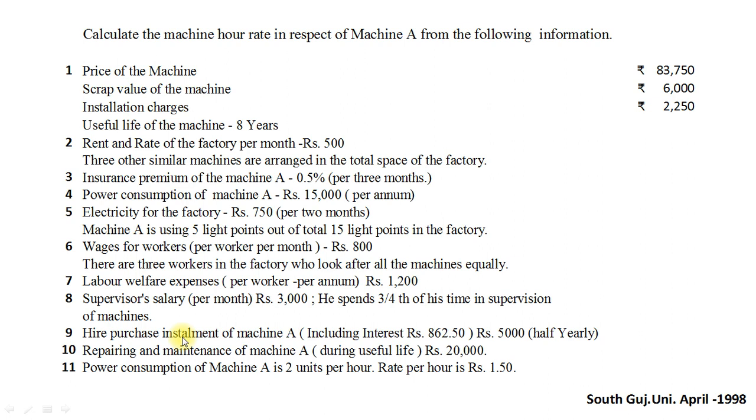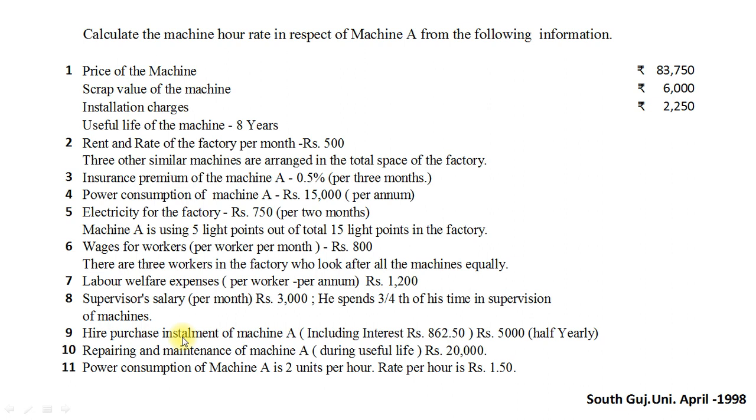So multiply by 3 divided by 4, that is 27,000 rupees. 27,000 rupees of supervisor salary is for supervision of machines for the year. Now we have in total 4 machines. So 27,000 divided by 4 equals 6,750, the supervisor's annual salary for machine A.